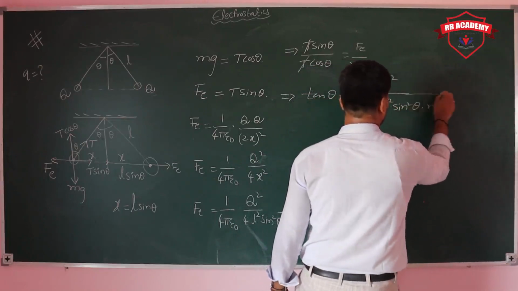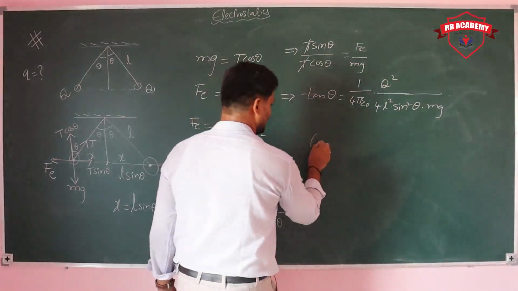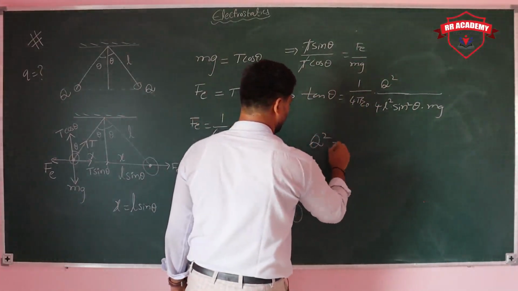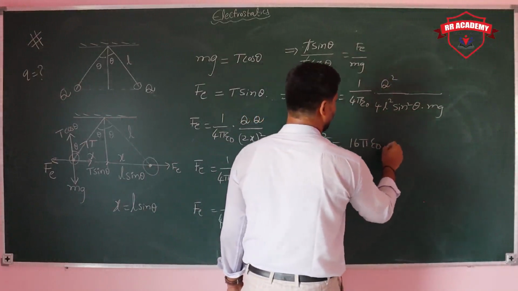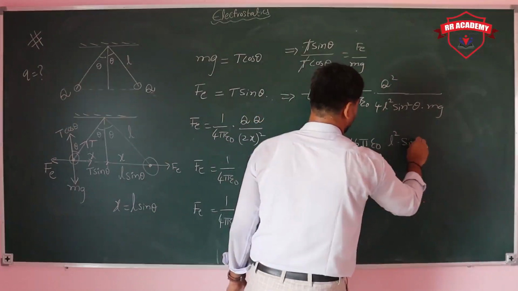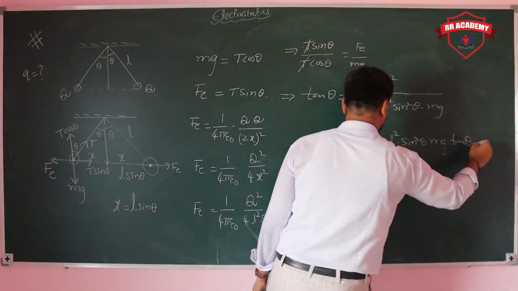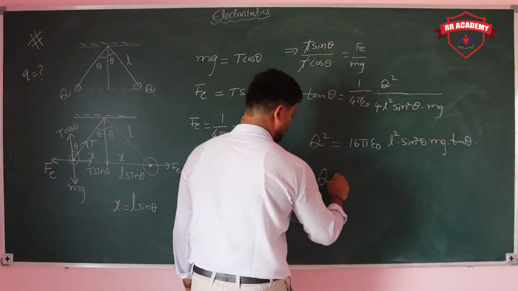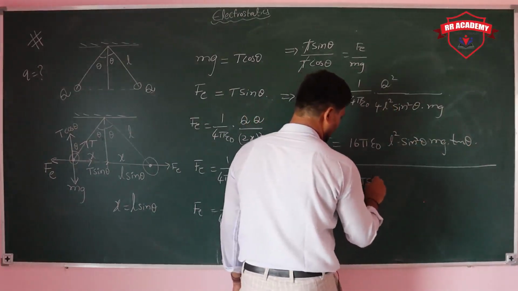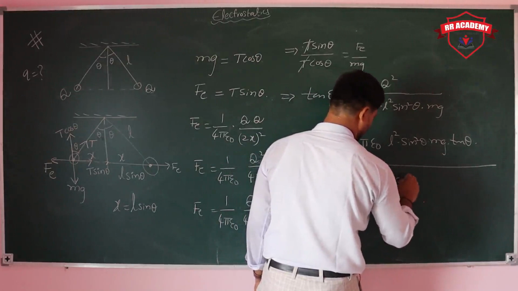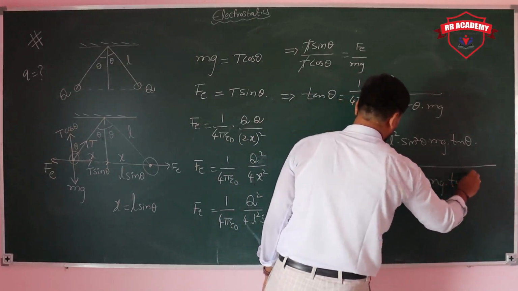What we require is Q, so except Q square, send everything to the other side. Then 4 fours are 16, so Q square equals 16 pi epsilon naught L square sin square theta mg into tan theta. So Q equals the square root of 16 pi epsilon naught L square sin square theta mg tan theta.